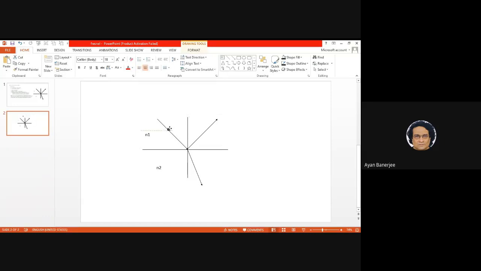This is coming out of plane, and so let us write this down: Case 1, the electric field S polarized.